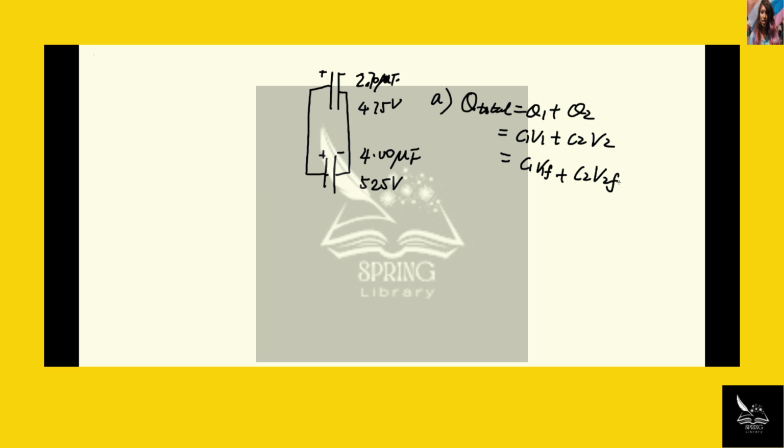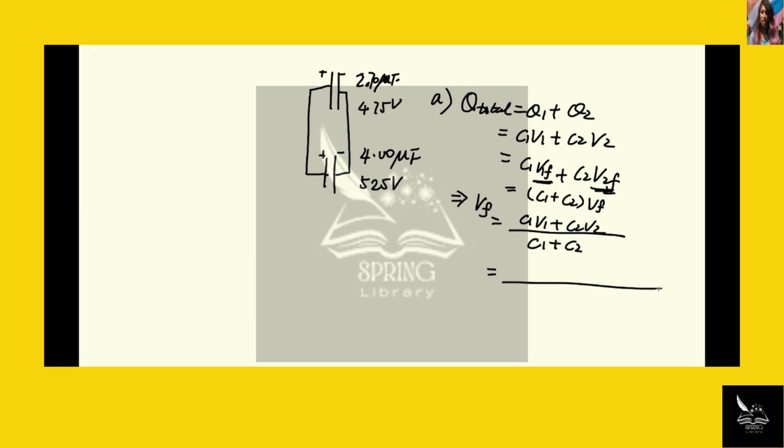Okay, so this gives us V final, because when they stabilize, V1 final and V2 final will be equal because they're connected, so I can also write this as C1 plus C2 times V final. So V final equals C1 V1 initial plus C2 V2, that is the initial total charge, divided by C1 plus C2.